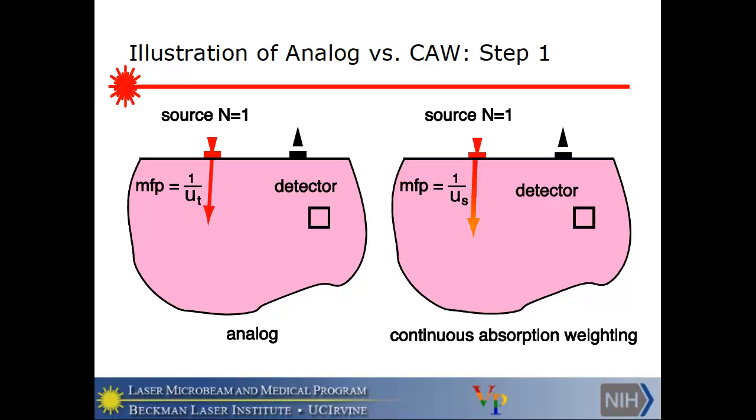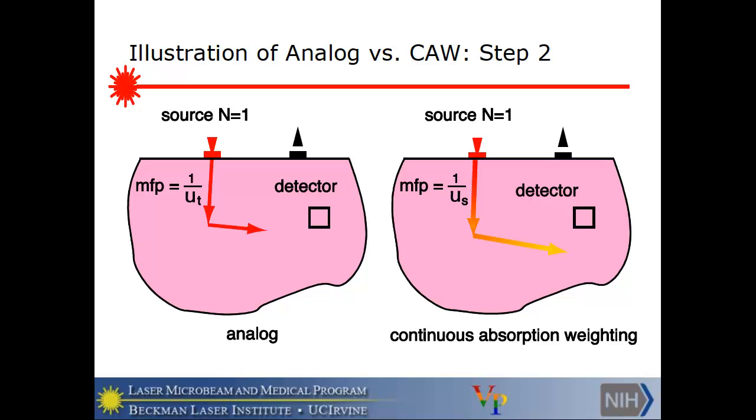That means that the mean free path here is the inverse of mu t, and here it's the inverse of mu s, and mu s is smaller, so the mean free path is going to be a little larger than it's shown here. In both cases, let's say we have an internal detector, maybe catching fluence. At the first step, you might notice the difference in mean free path.